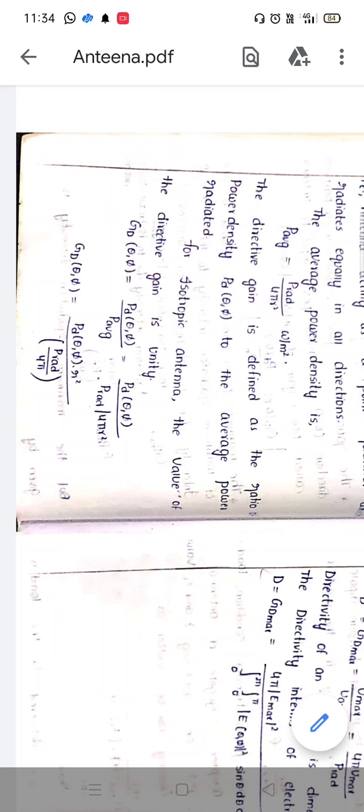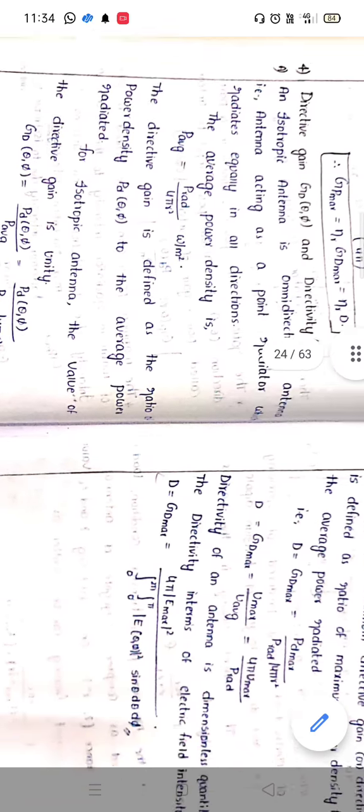Substitute P average, which is equal to P radiated divided by 4 pi r square. So GD of theta comma phi is equal to PD theta comma phi into 4 pi r square in the denominator. Take r square to the numerator, then PD theta comma phi into r square divided by P radiated by 4 pi.